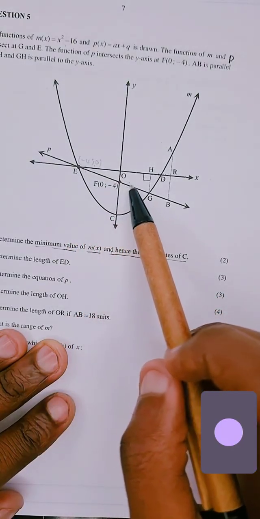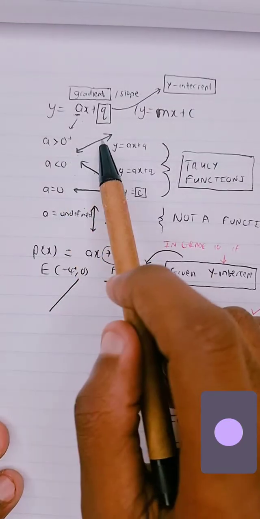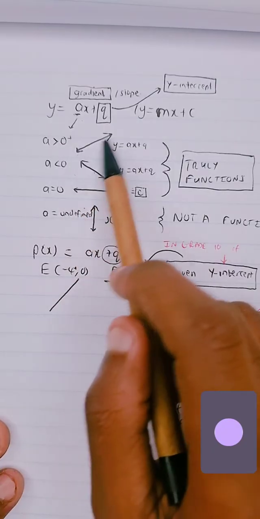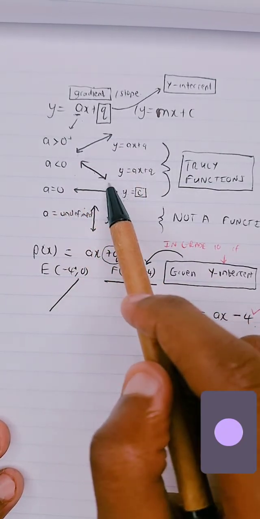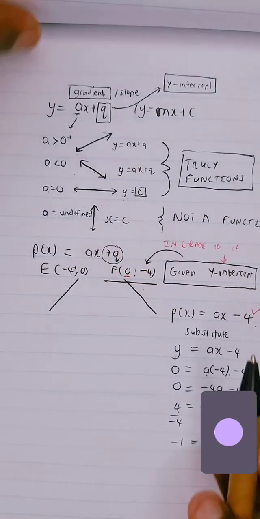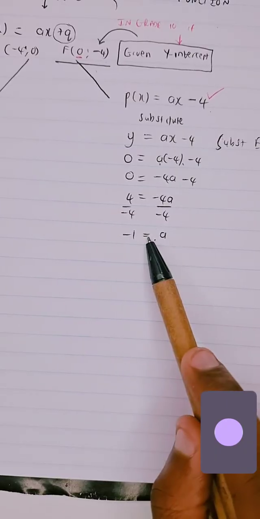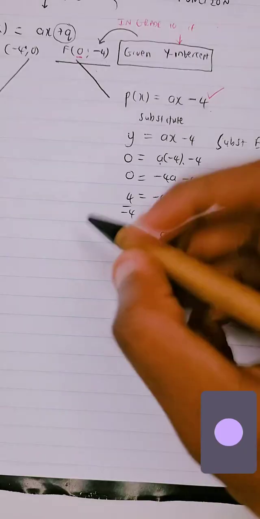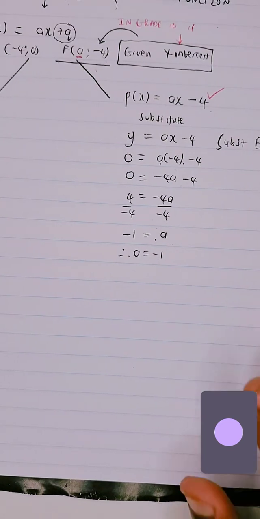Therefore, if you look at what I said earlier about the value of a, if a is positive, this is the direction of your line. If a is less than 0, this is the direction of your line. So does it make sense that we got a which is negative 1 given the direction of the line? Because it's decreasing. Exactly.